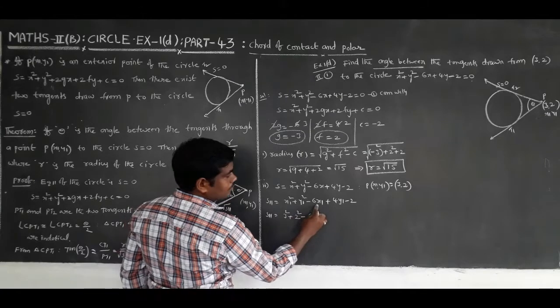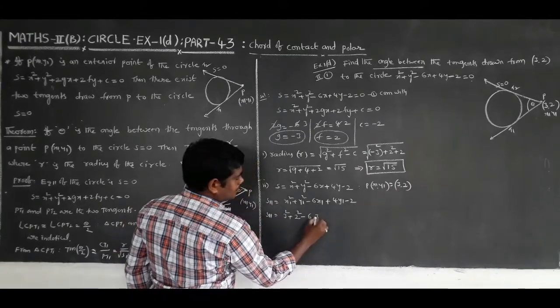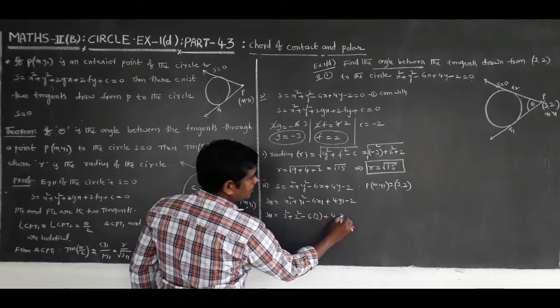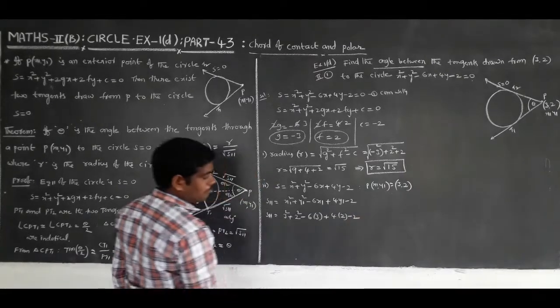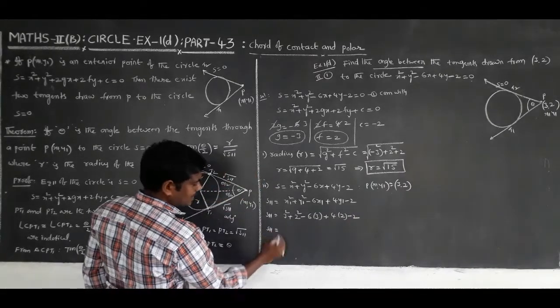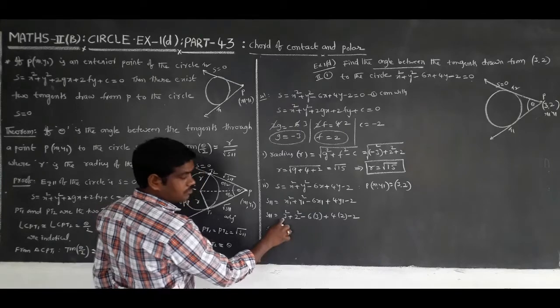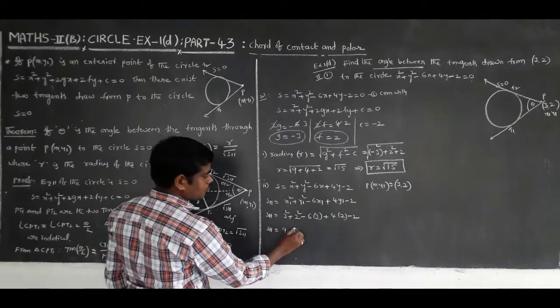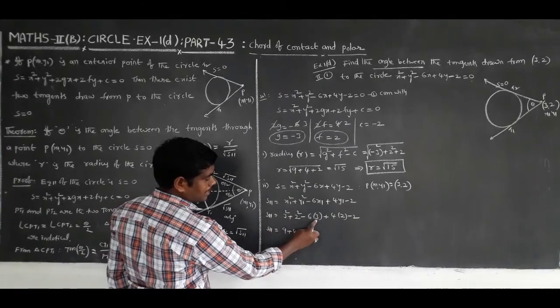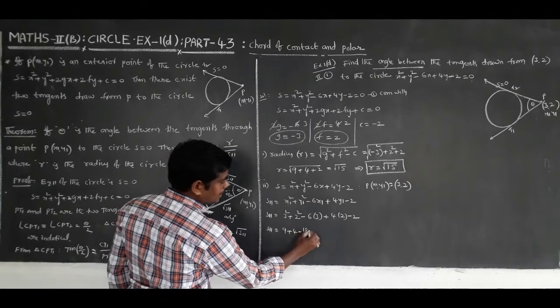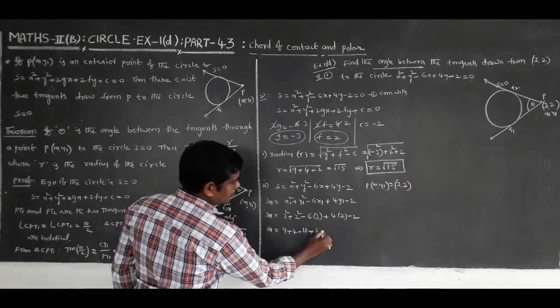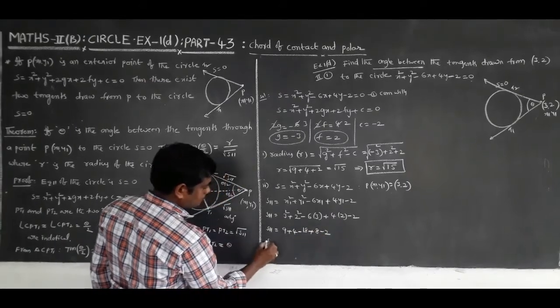So 3 square plus 2 square minus 6 into 3 plus 4 into 2 minus 2.